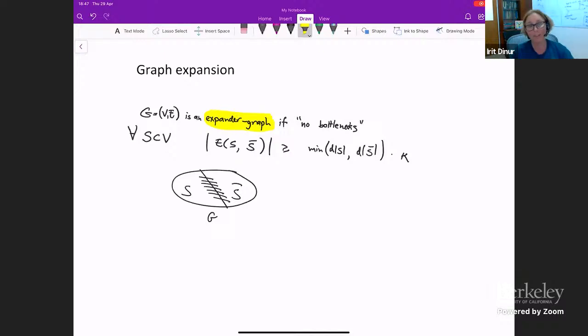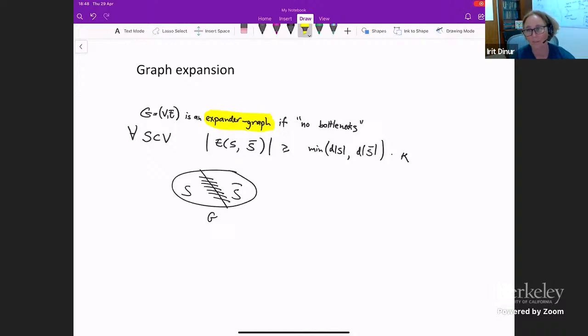This notion is especially interesting when the graph is sparse. When the graph is dense, it's also interesting, but then it's maybe less surprising that such graphs exist. It turns out that a random D-regular graph is a very good expander graph. There are many other constructions of expander graphs, and this is not the topic of our talk. But in the next 10-20 minutes, I'm going to talk a lot about expanding graphs and expansion.